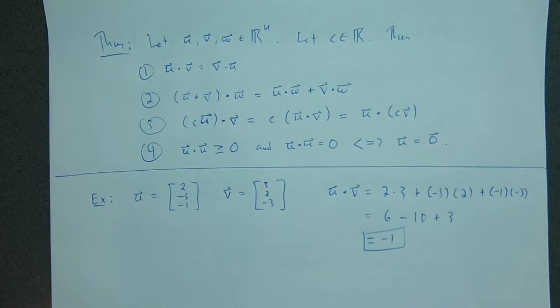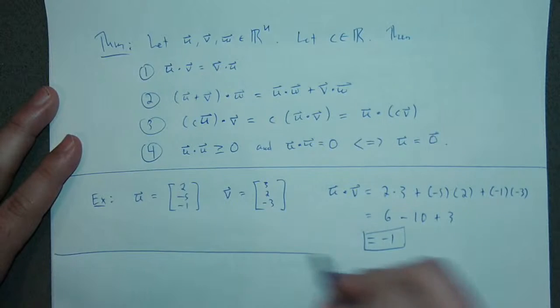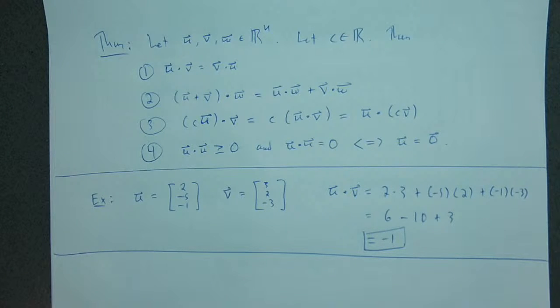Apart from that, dotting a vector with itself gives you nice info. But in general, dotting a vector with some other vector and getting something that's not 0, it can be hard to figure out what it is that's going on geometrically there from that alone.